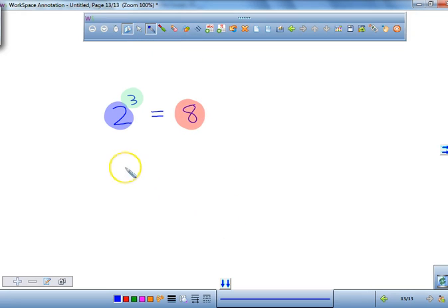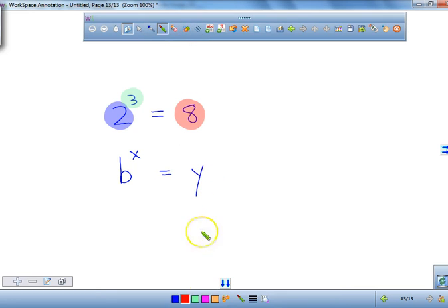This is under the form b to the power of x equals y. So right now, my base is b, my exponent is x, and my answer is y.